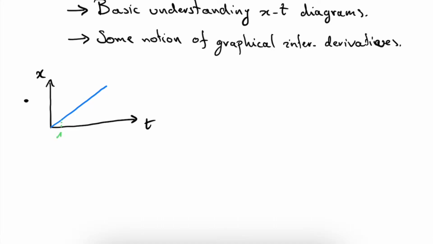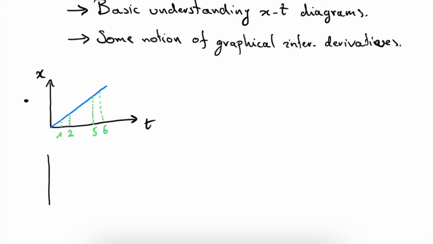You can see this quite easily because the difference in distance traveled, so the increase in x between 1 second and 2 seconds, will be exactly the same as between 5 seconds and 6 seconds. So this increase in x is the same as this increase in x, which means that our motion is uniform.